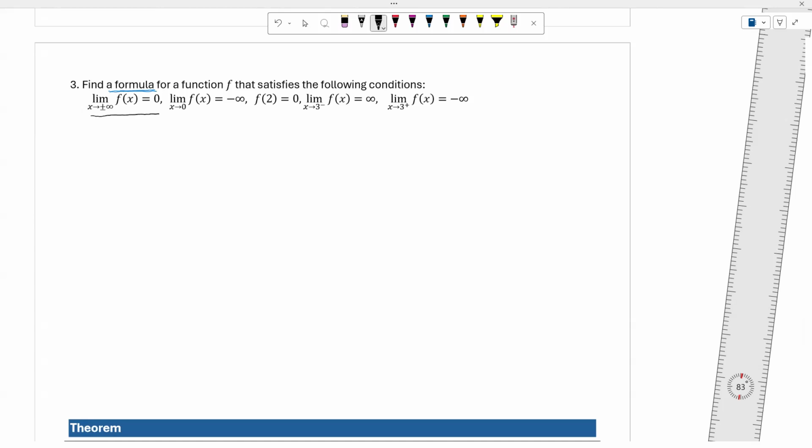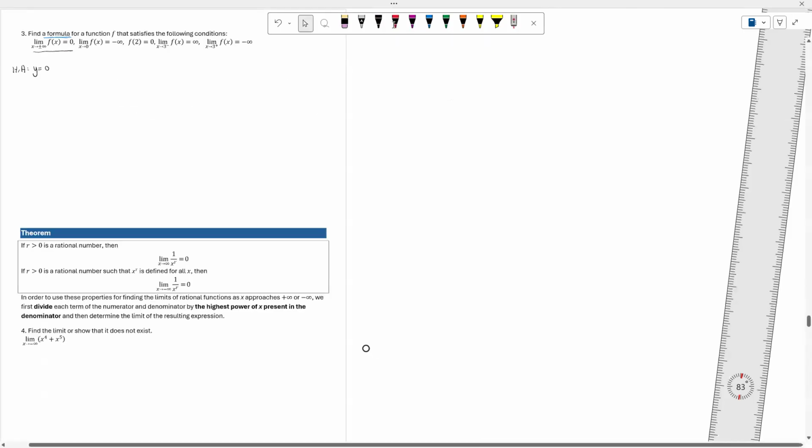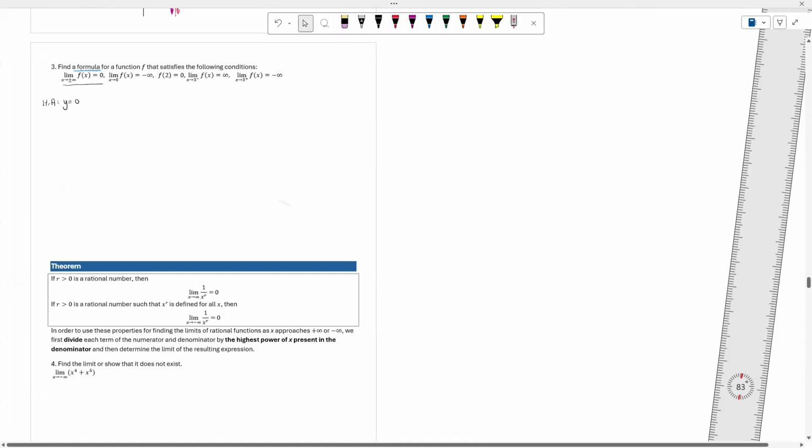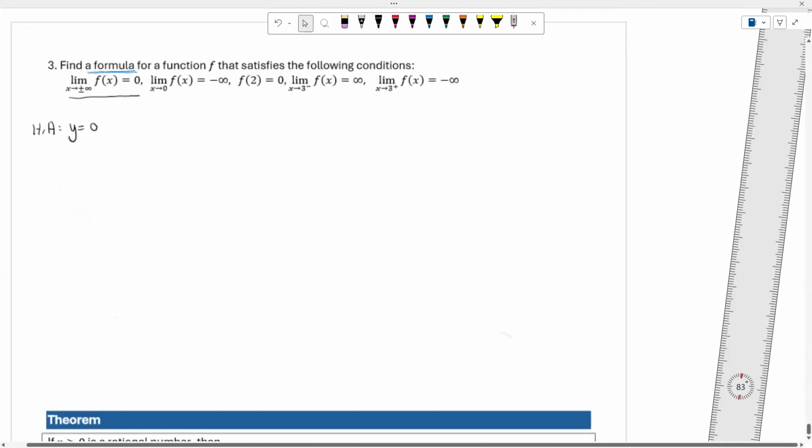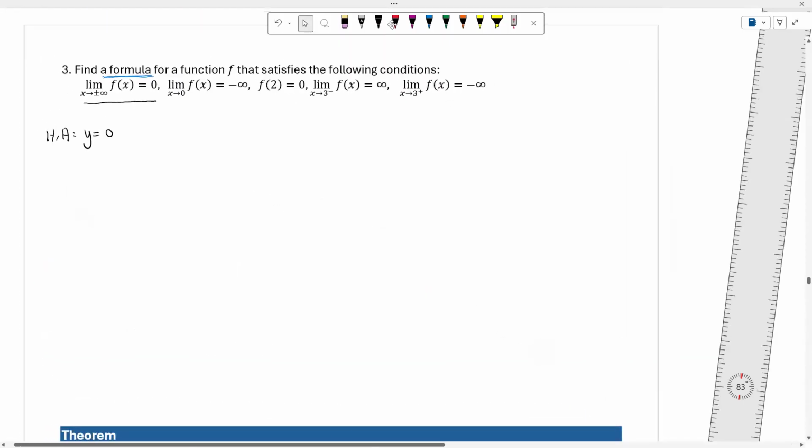The first limit tells me that I have a horizontal asymptote y equal to 0. The second limit tells me that I will have a vertical asymptote at x equal to 0.